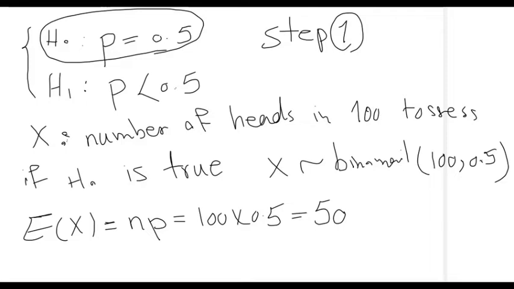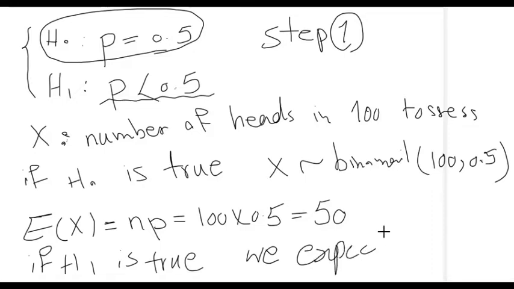So if H0 is true, we expect roughly 50 heads. But if H1 is true, we expect less, because the probability of success, or the probability of heads, is less than 0.5. So if H1 is true, we expect less than 50.